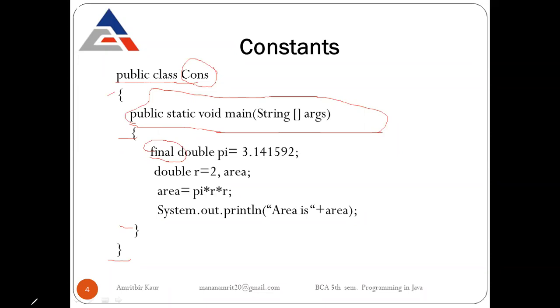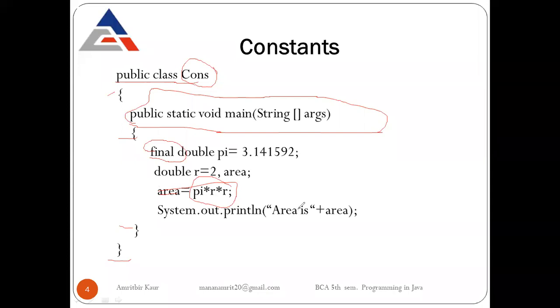Firstly, we store our pi value as constant. Then another variable r for radius and area is required, then area equals pi multiply r. So here area is calculated and the result is stored in area.